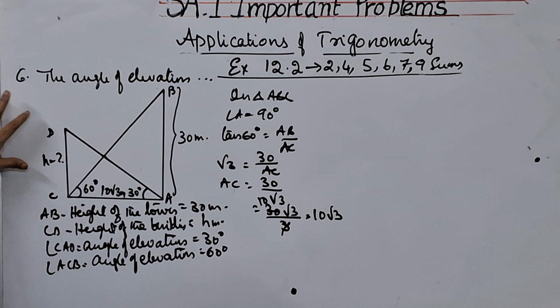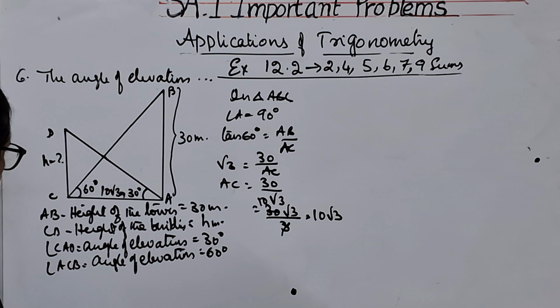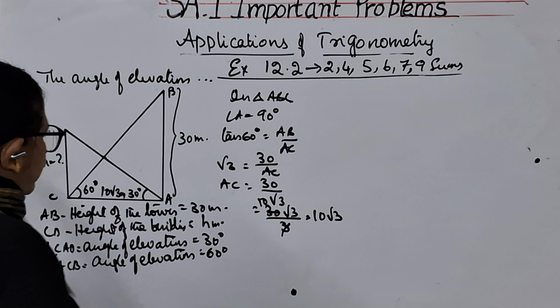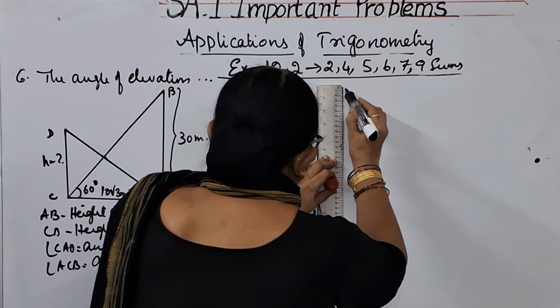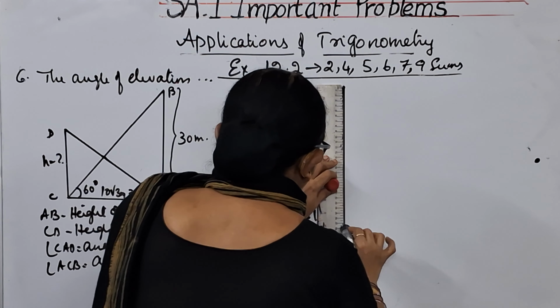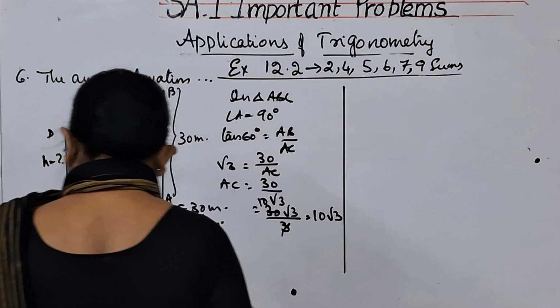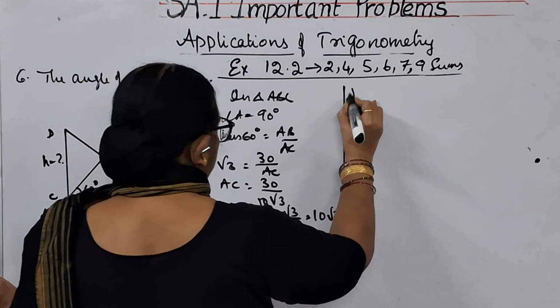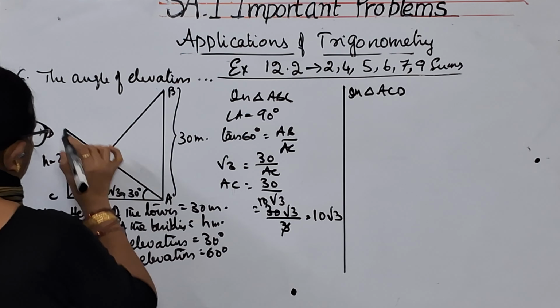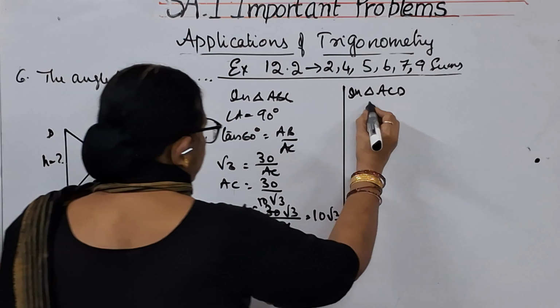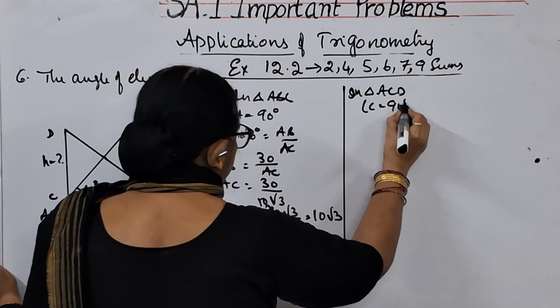Okay. Now we go to this triangle. In triangle ACD, angle C is equal to 90 degrees.